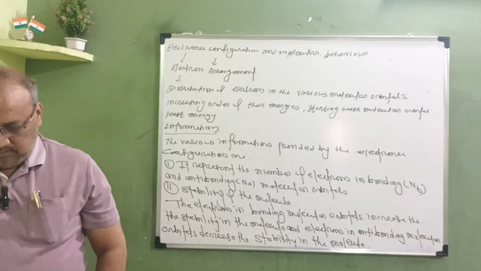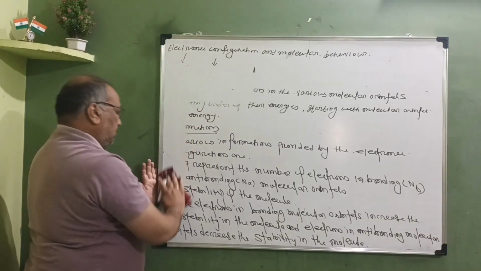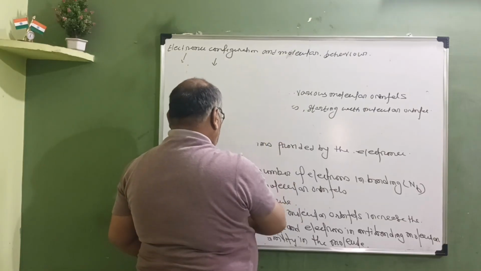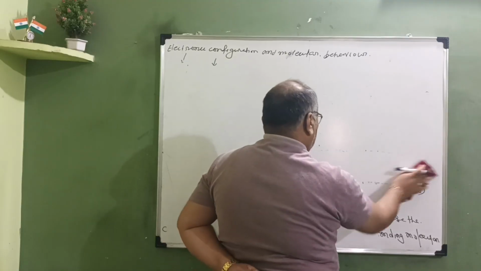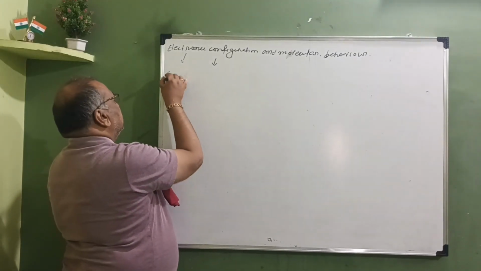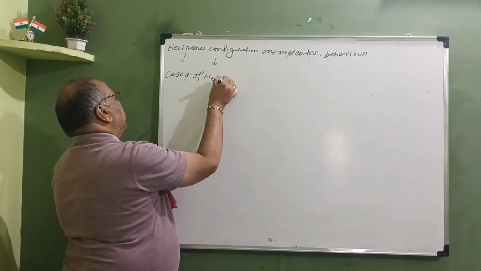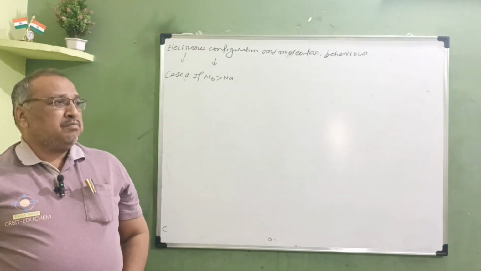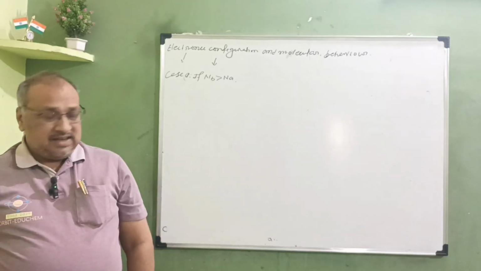Now here, case A. If Nb is greater than Na, that means the number of electrons in bonding molecular orbitals is greater than the number of electrons in anti-bonding molecular orbitals.